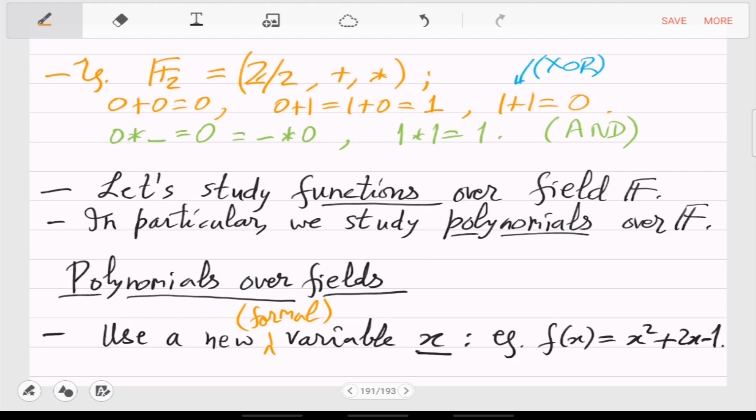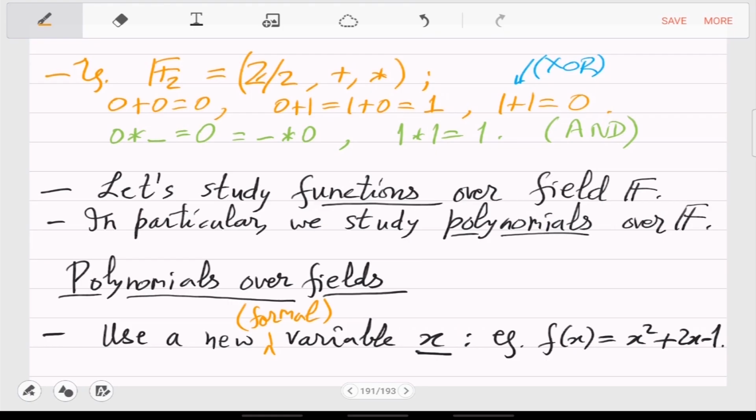It takes all possible values, which is the same concept as a variable in a programming language like C. There is also an associated type. When I say field F, then clearly x can only take values related to F. It cannot take values completely different from F.